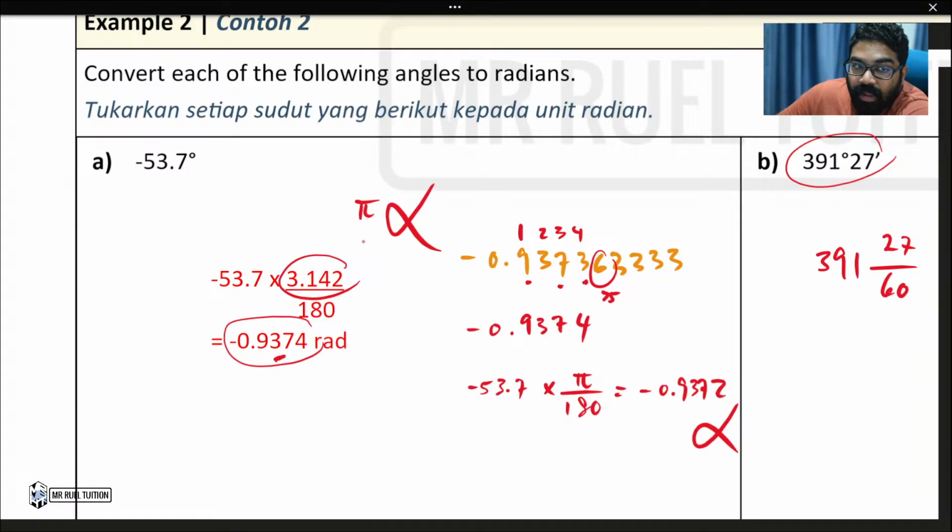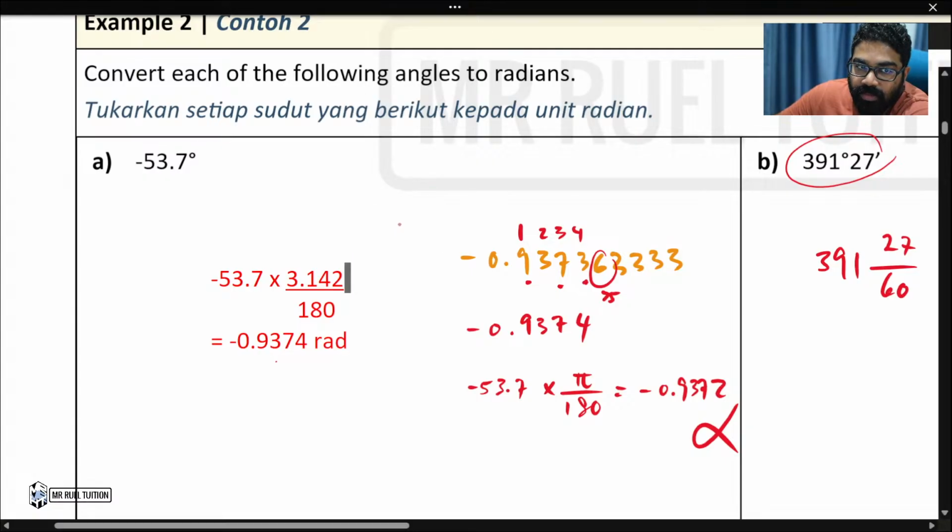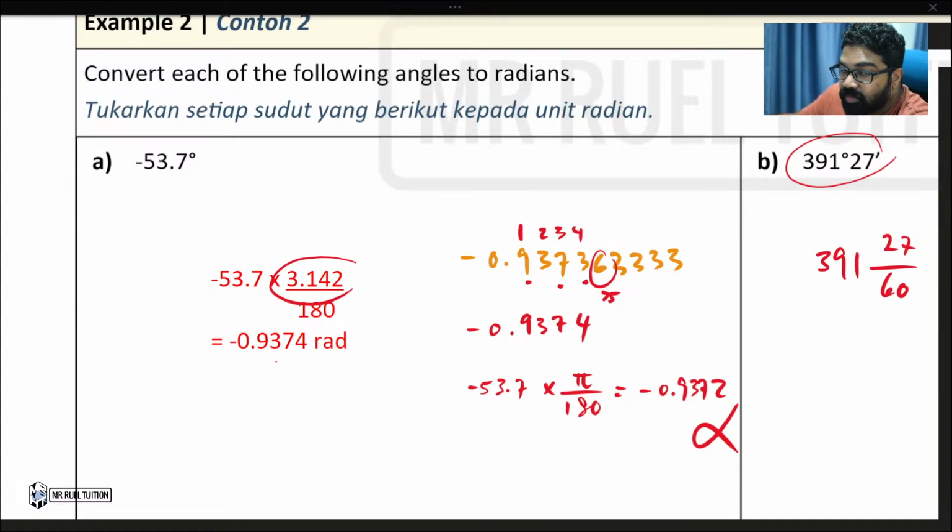22/7. It depends. Kalau soalan sudah bagi awak guna anggaran ini, if they ask you to use this estimate, then kena guna yang ini jugalah. Tapi kalau soalan tak bagi, actually it doesn't matter. 22/7 pun boleh. But biasanya kelas, normally 22/7 kita hanya guna dalam matematik. We don't use it in admaths.